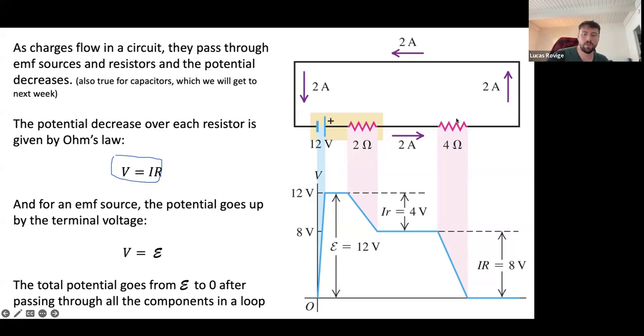And then we have another resistor. Assuming again Ohm's law, it drops by 8 volts, and it's connected to the end of the EMF. And so it drops back to 0 and loops back here. And so you see the potential loop happening in the electrical circuit because of the resistors and the EMF source.